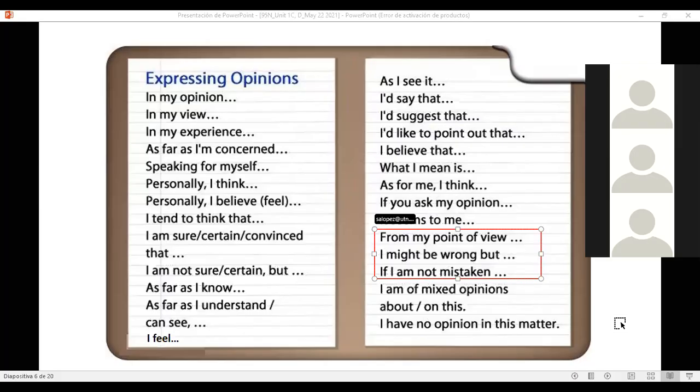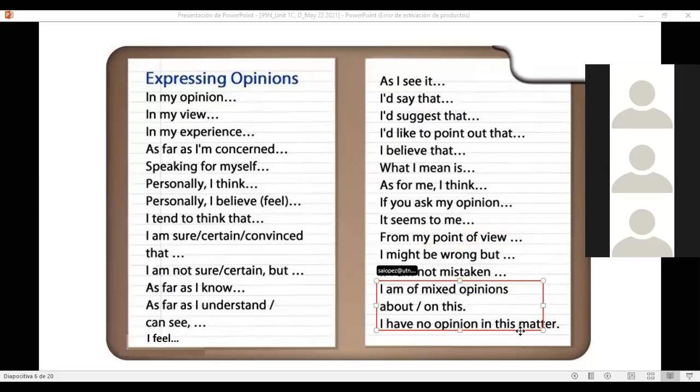Then we have, I might be wrong, but, es posible, es probable que esté equivocada, pero, ¿sí? I might be wrong, but if I'm not mistaken, si no me equivoco, ¿sí? If I'm not mistaken.